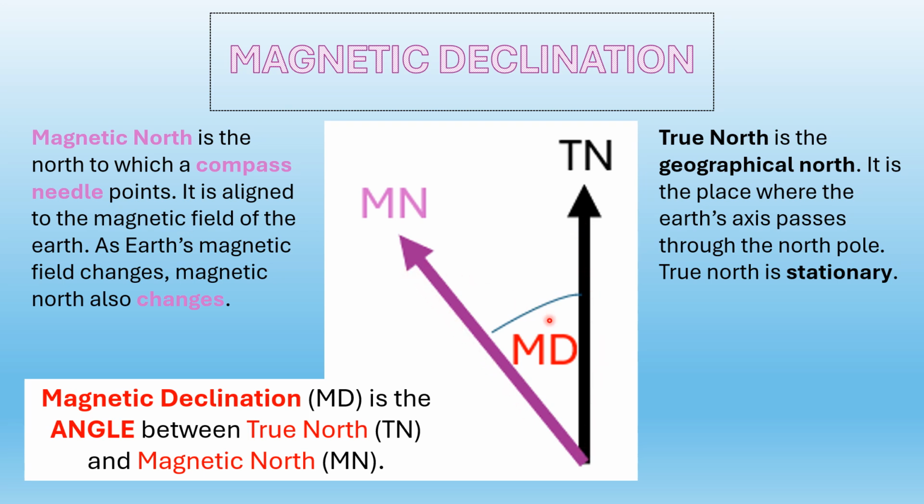So magnetic declination is the angle between true north and magnetic north. In our calculation on magnetic declination, we are required to find the size of that angle between true north and magnetic north.